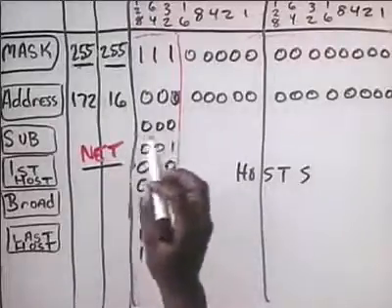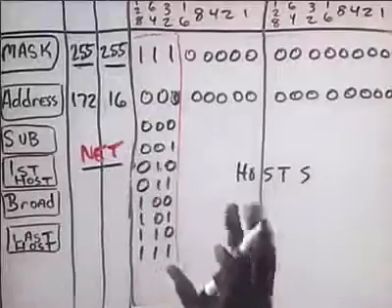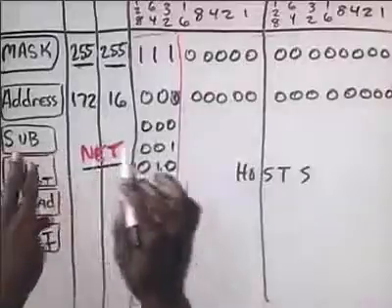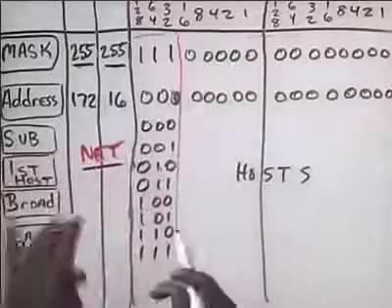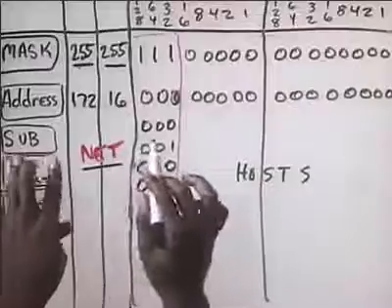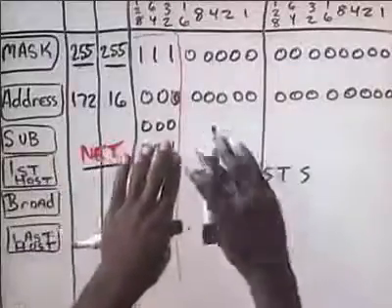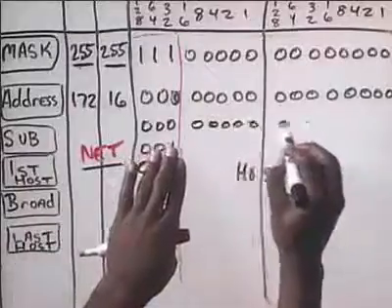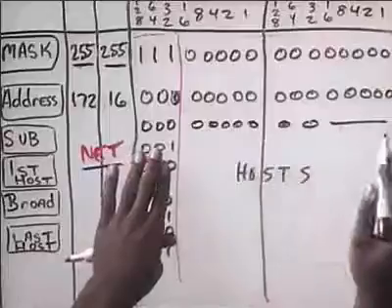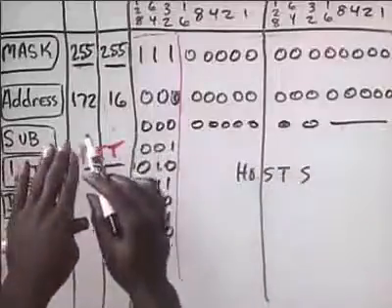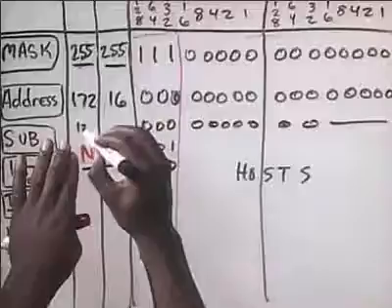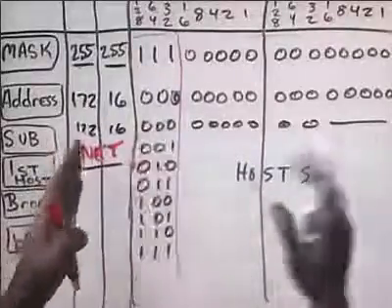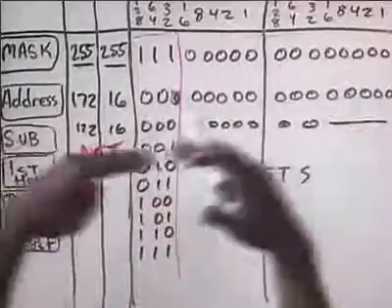This first value right here, if we go back to our list of tasks, those rules that I gave you, the value for subnet, since we're trying to come up with subnet numbers, if you use the subnet number rule, it would say to set all the host bits to 0. If we set all these host bits to 0, this number, 172.16.0.0, the problem with that one is that it's the same as the network address.